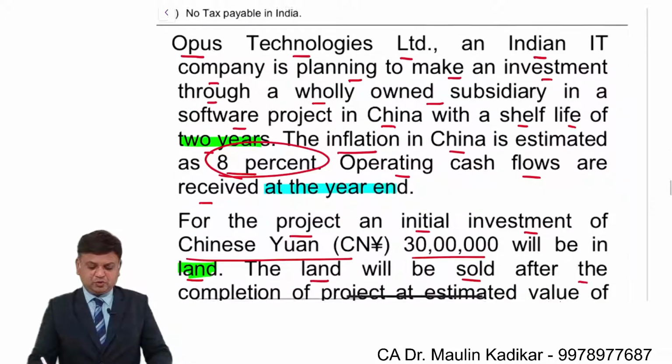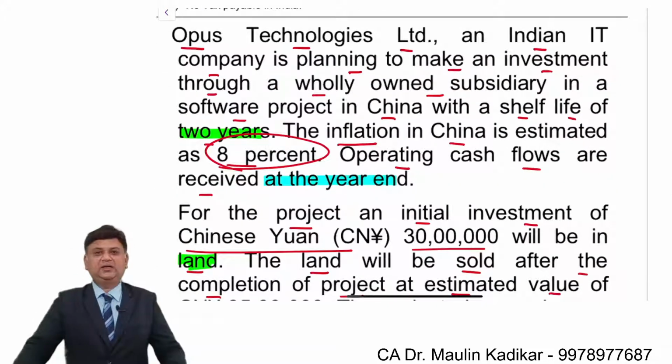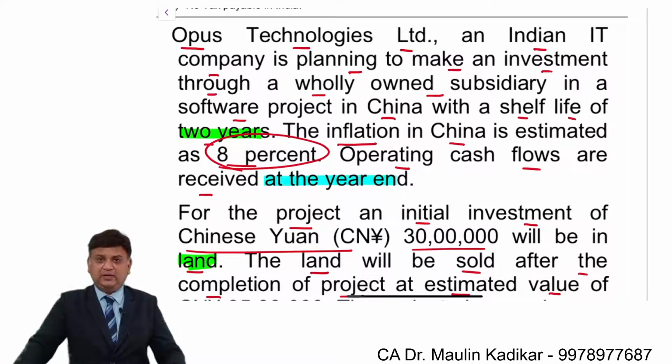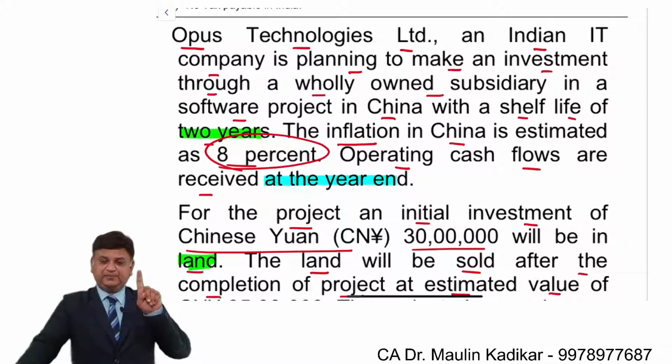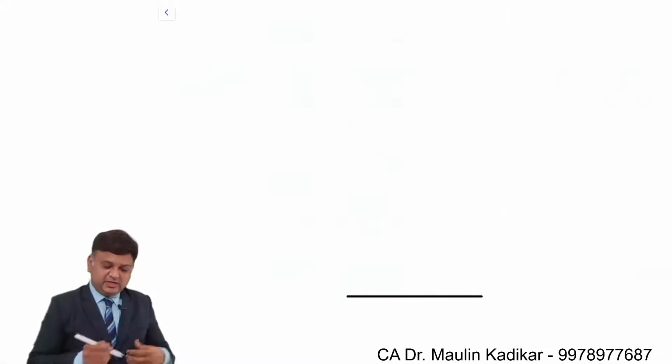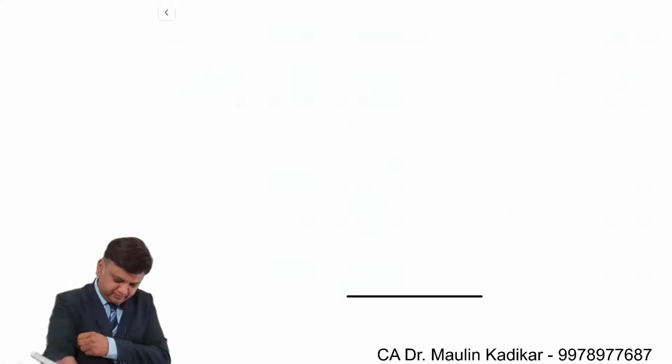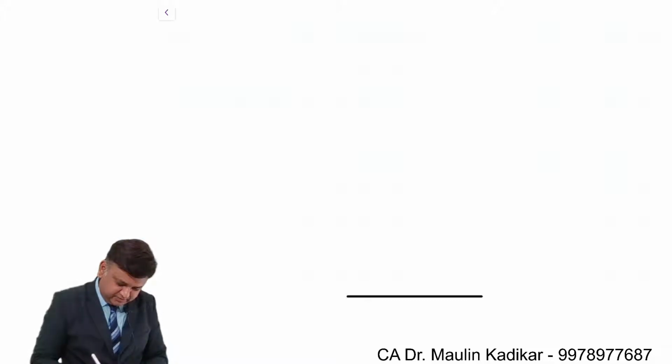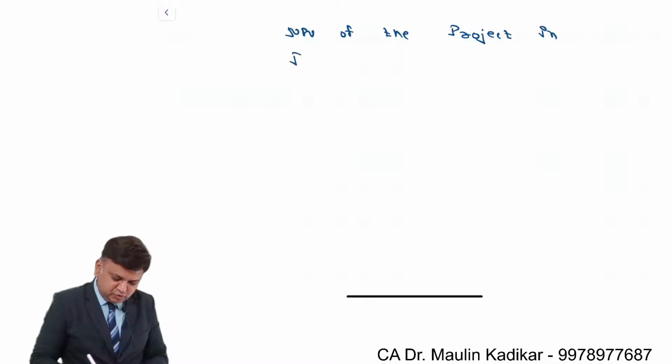I request all of you to go through the question, and I want you to tell me the step number 1 answer, that is, what is the investment to be made in the project. Please write in the chat box. So write down the heading NPV of the project in foreign currency approach.